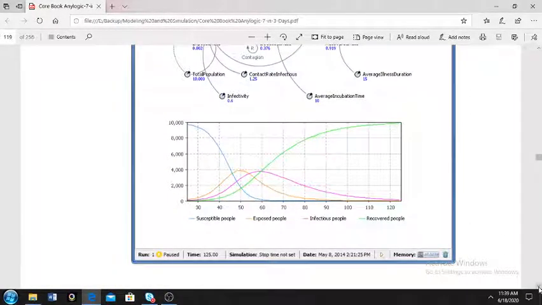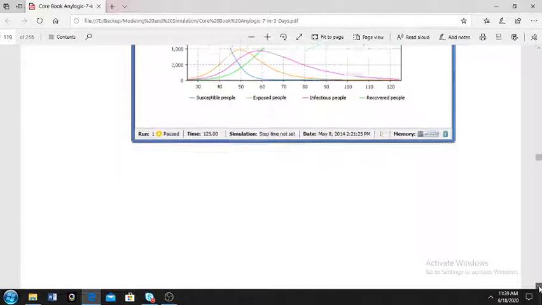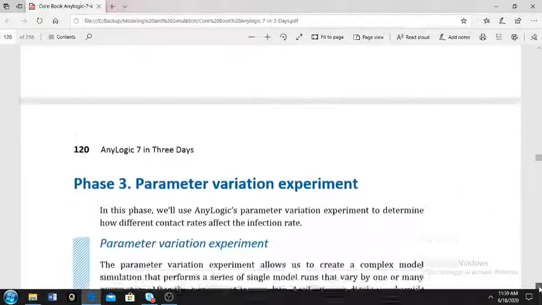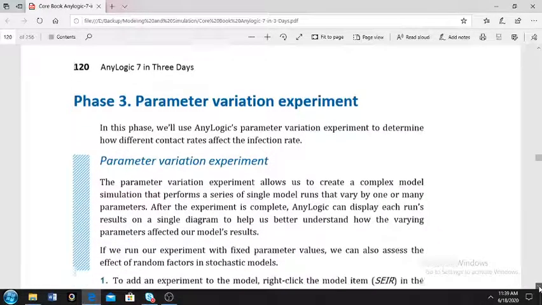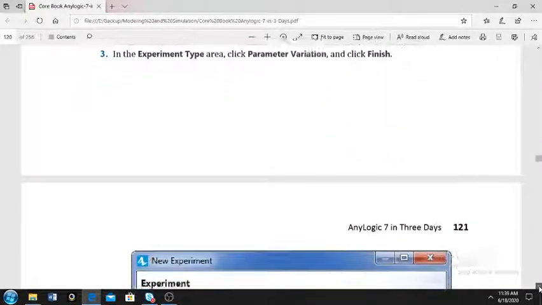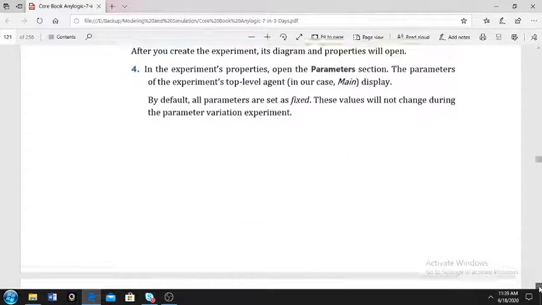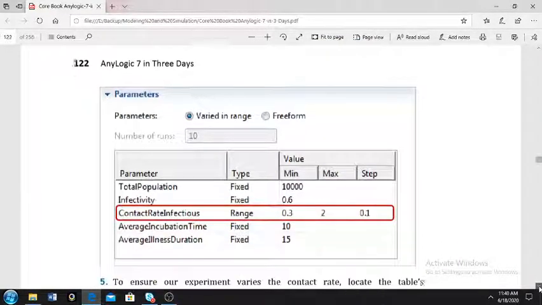And here you can read susceptible people, exposed. You can see the progression. Recovered. You see, these are outputs. And then parameter variation experiment.